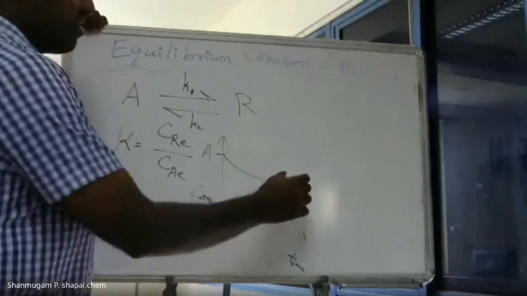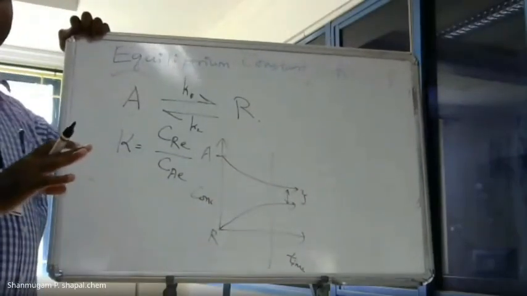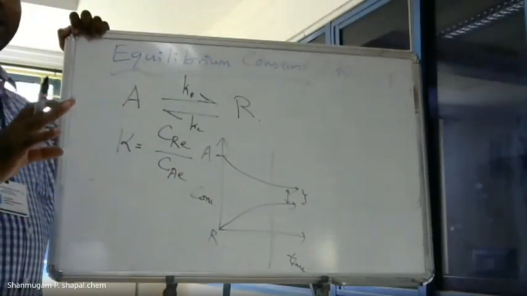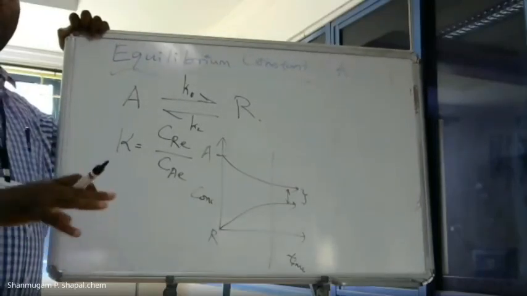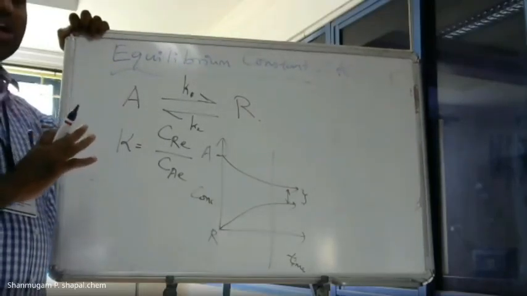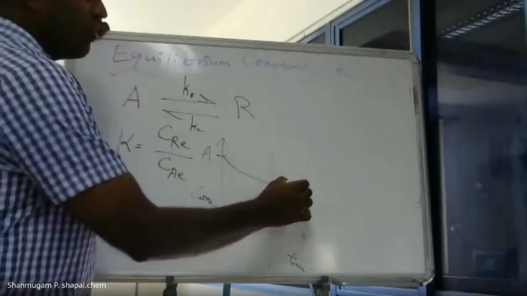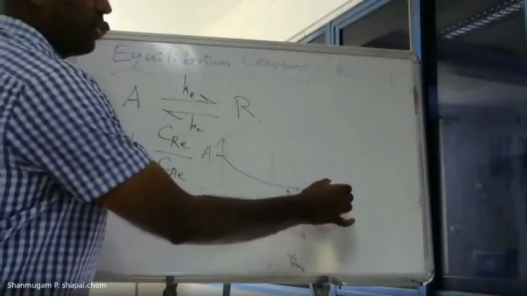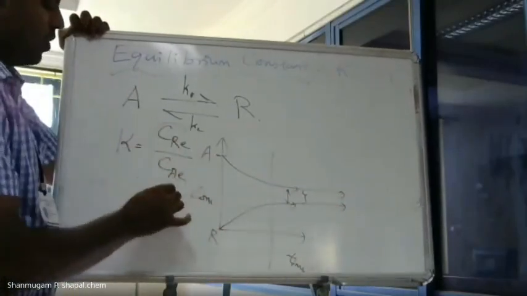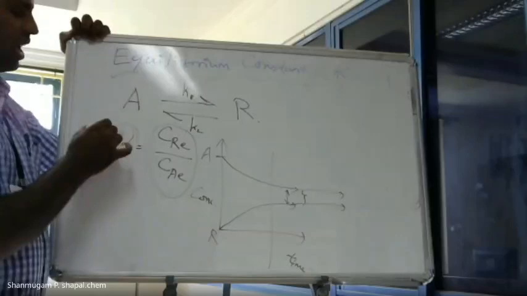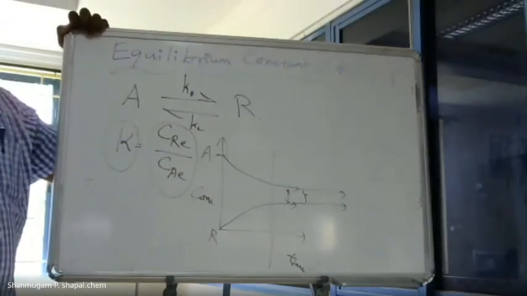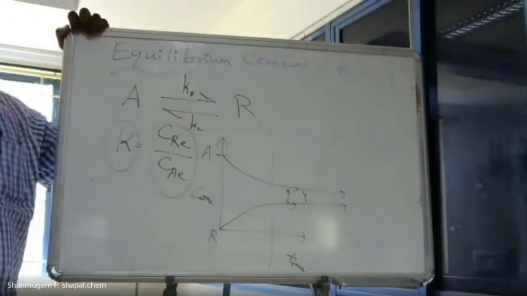That means the system reaches equilibrium. I mean, it actually attains an equilibrium stage. Once it reaches an equilibrium stage, this ratio will be constant forever. So that is how the equilibrium constant K will be calculated. Okay.